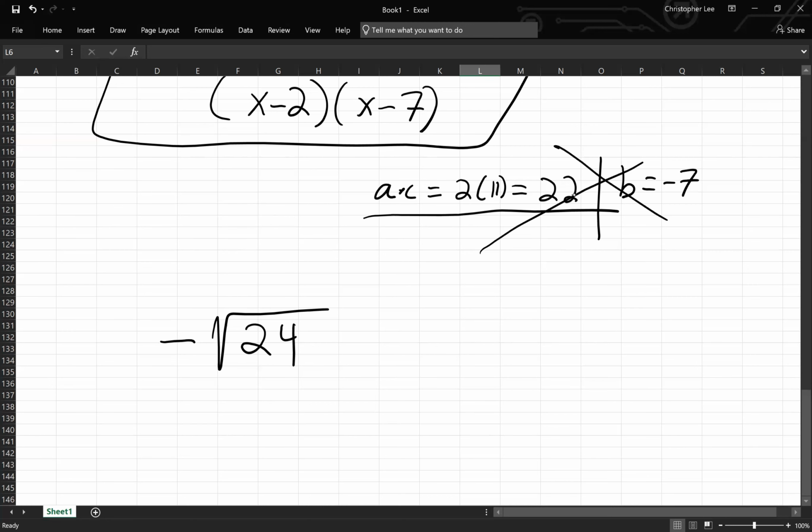Does 9 go in? What's the next perfect square smaller than 9? No, smaller than 9. 4, okay. So does 4 go into 24?